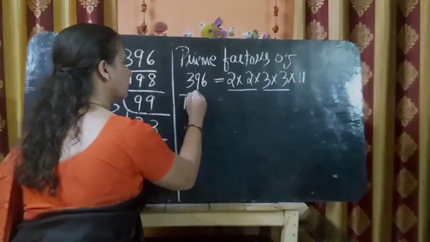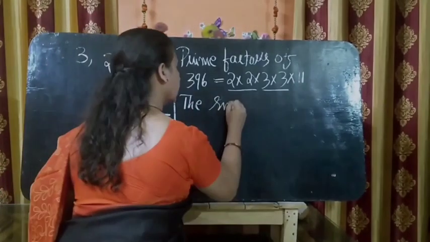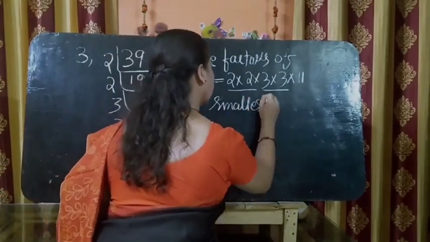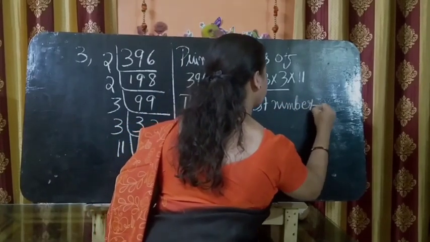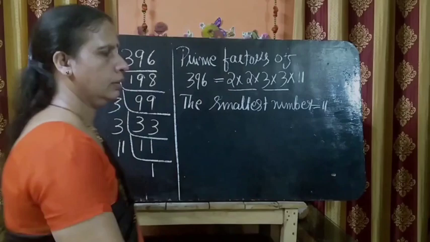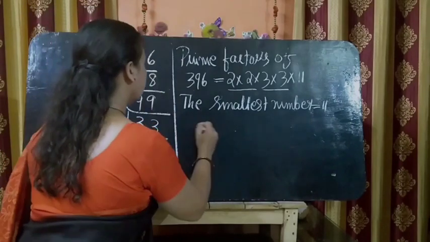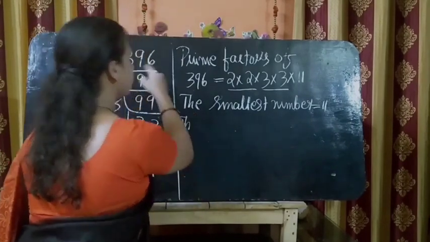Here the smallest number equals 11. Then divide 396 by 11.